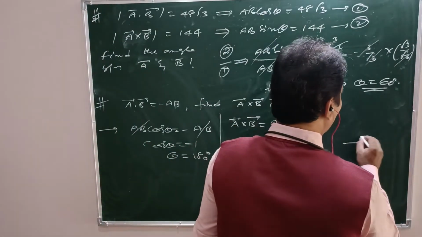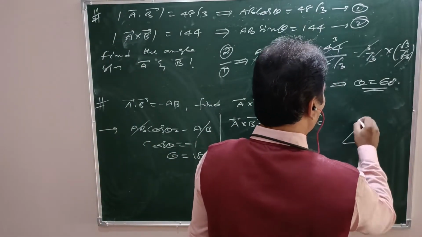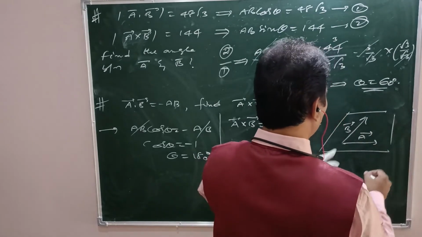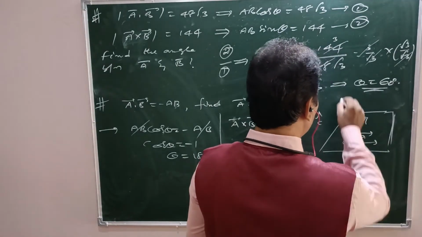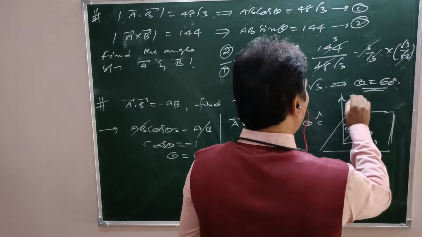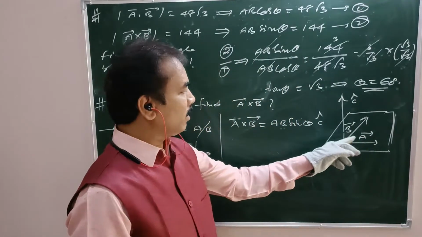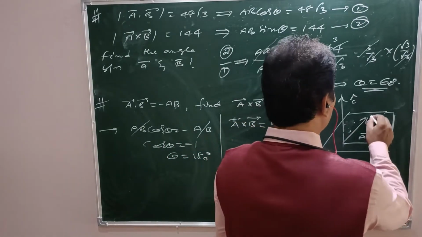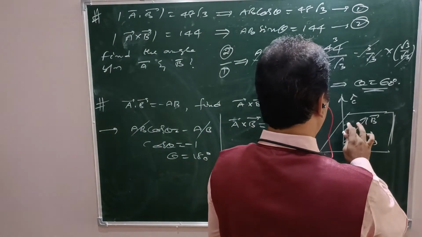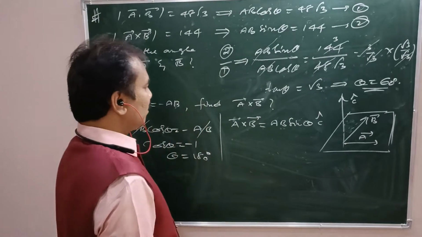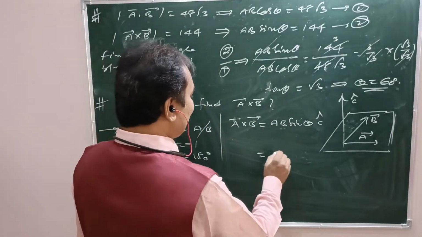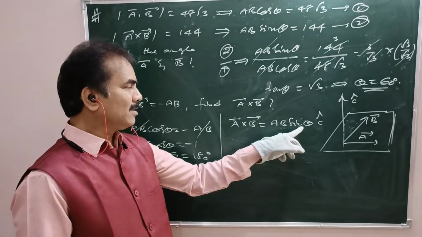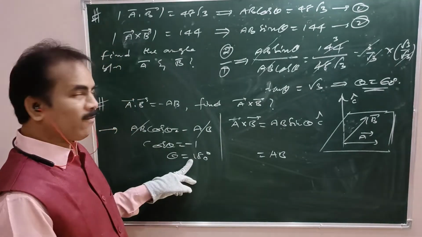See, this is A bar, this is B bar, this is the plane of A bar and B bar. Right? This is C cap, which is perpendicular to both A bar, B bar and the plane of A bar and B bar. Right? Now, A bar cross B bar equal AB into sin theta. What is theta? 180 degrees.